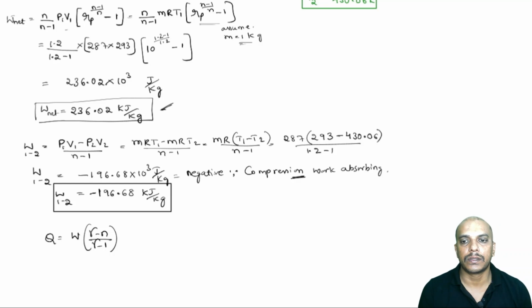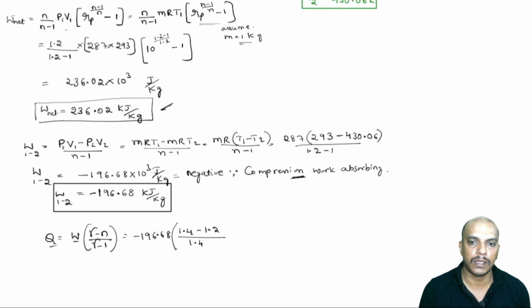So we have every value: minus 196. I will not convert this into joule because none of the other values have units. Whatever unit we substitute in W, the same unit will be Q. So 1.4 minus 1.2 divided by 1.4 minus 1, where 1.4 is the gamma value for air, which is known to us.